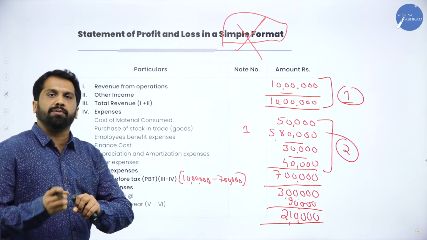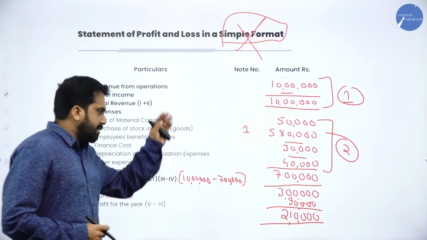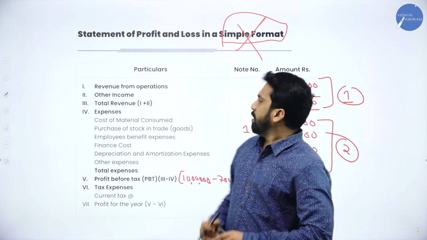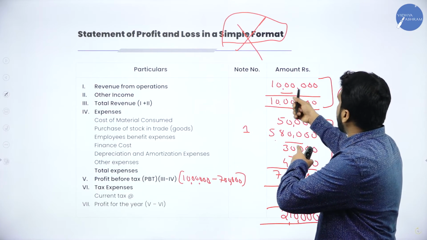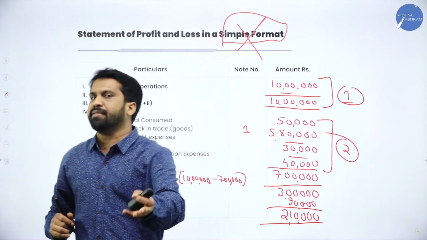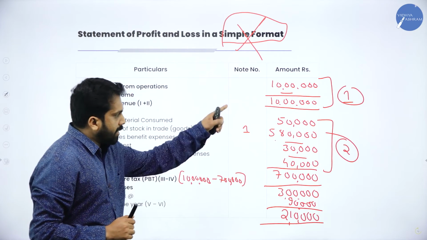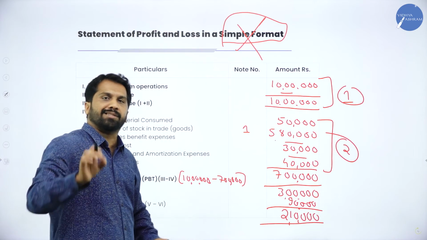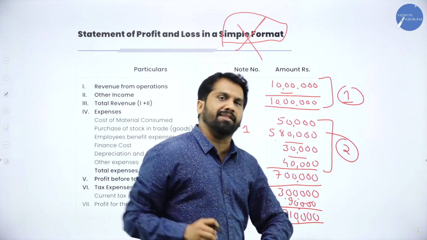They will not give you new kinds of problems. Same kind of problem you will get in your examination also. In this, the revenue from operations they have given is 10 lakh. In your question paper problem, it may be 7 lakh, it may be 8 lakh. Numbers may change, but the format, wordings, concept will never change.